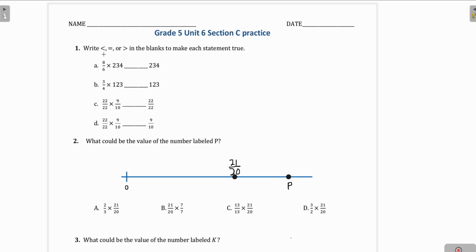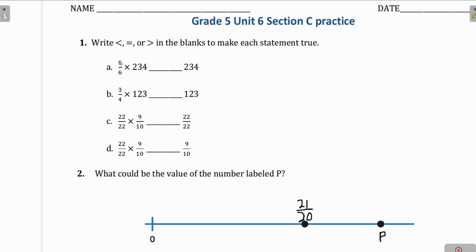Number 1: write less than, equal to, or more than in the blanks to make each statement true. So we have 8/6 times 234. Is that going to be less than, equal to, or greater than 234? So we have to analyze this fraction here, 8/6.